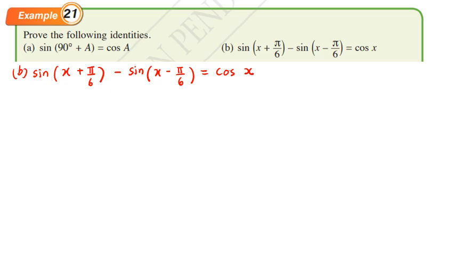So as we can see, the left hand side is more complex. So we choose left hand side. So sin(x + pi/6) minus sin(x - pi/6).